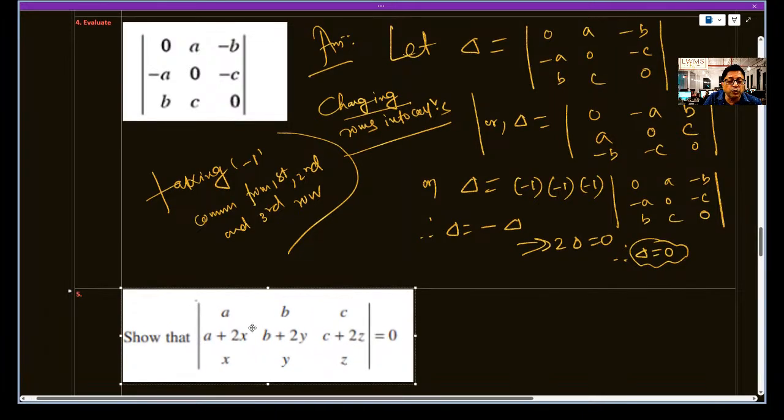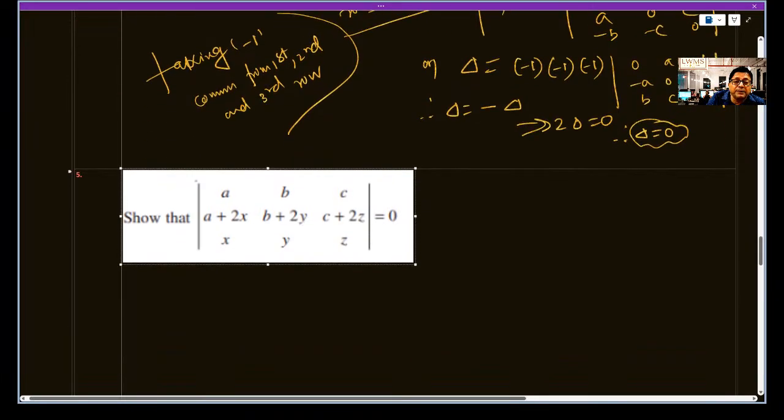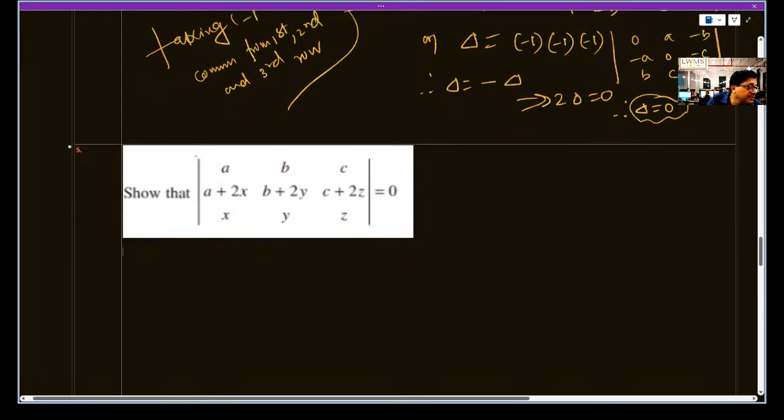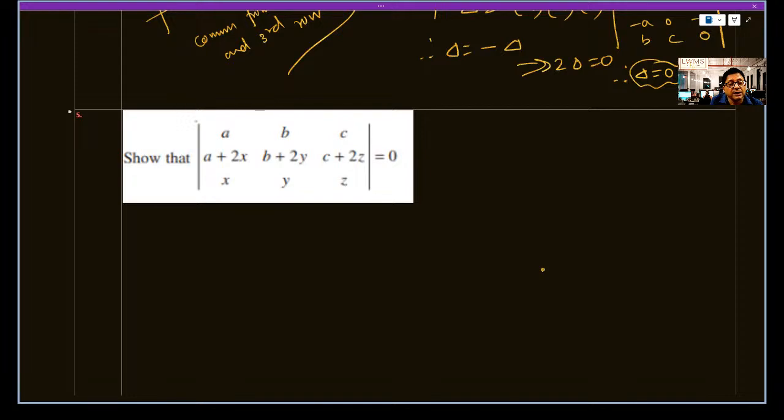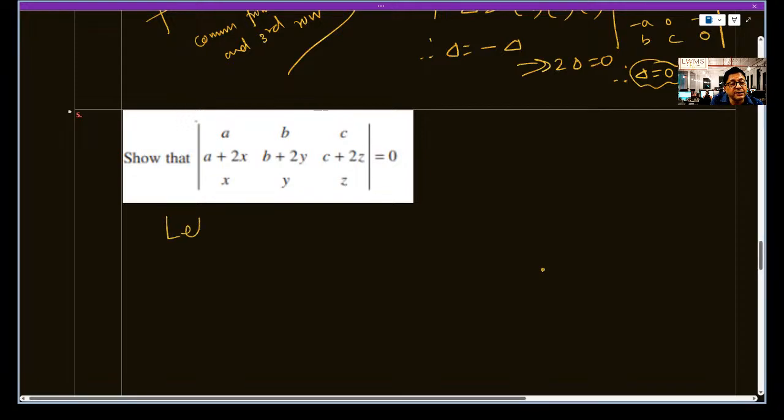You try the next one. Show that this thing is also equal to 0. We will be realizing that property, fifth property probably, where you can express a determinant as a sum of two determinants. Isn't it? Here elements are added. Other two rows remain the same. Symmetry is there. So you start this manner.